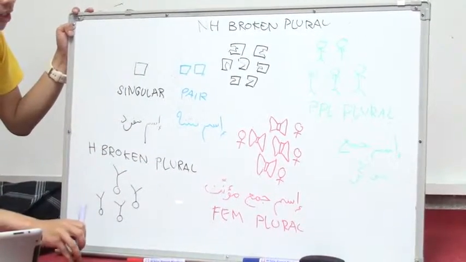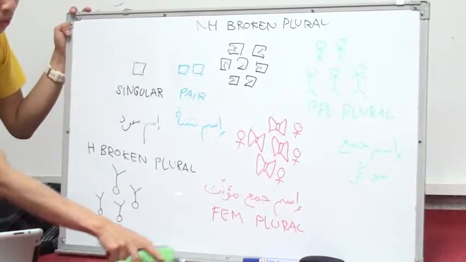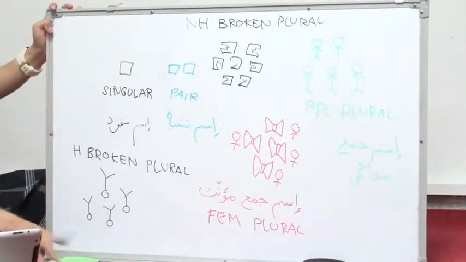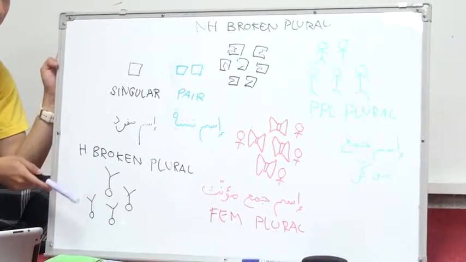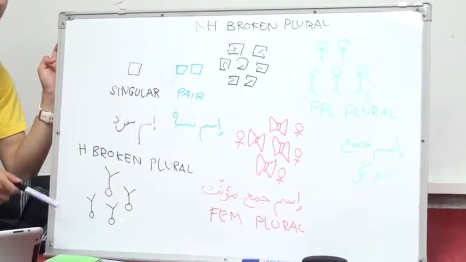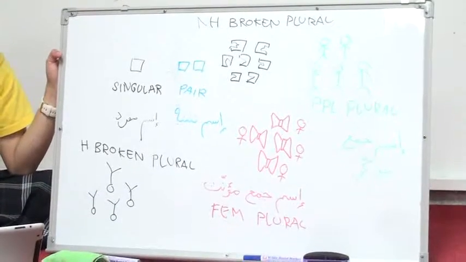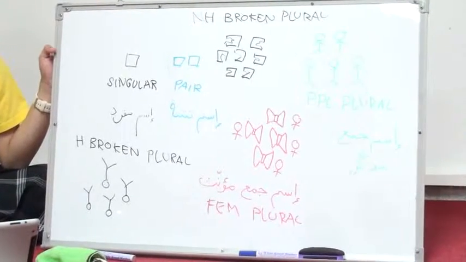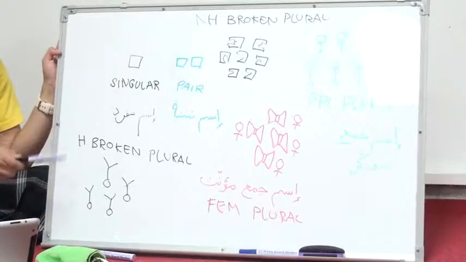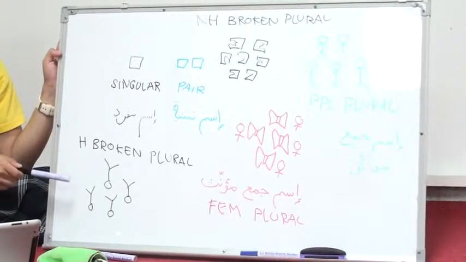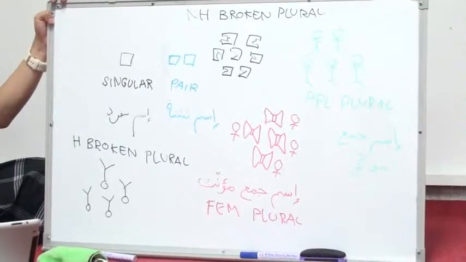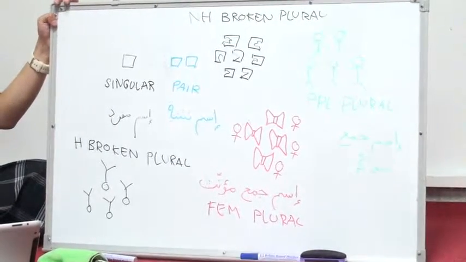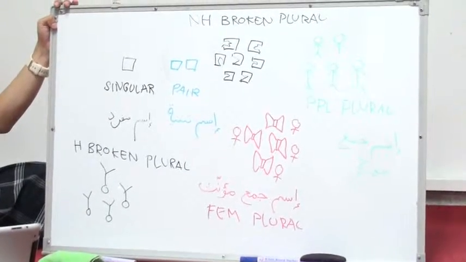The categories that I drew in black, we can tell from the ending sounds. So singular, human broken plural, and non-human broken plural, we can tell the category from its ending sound.